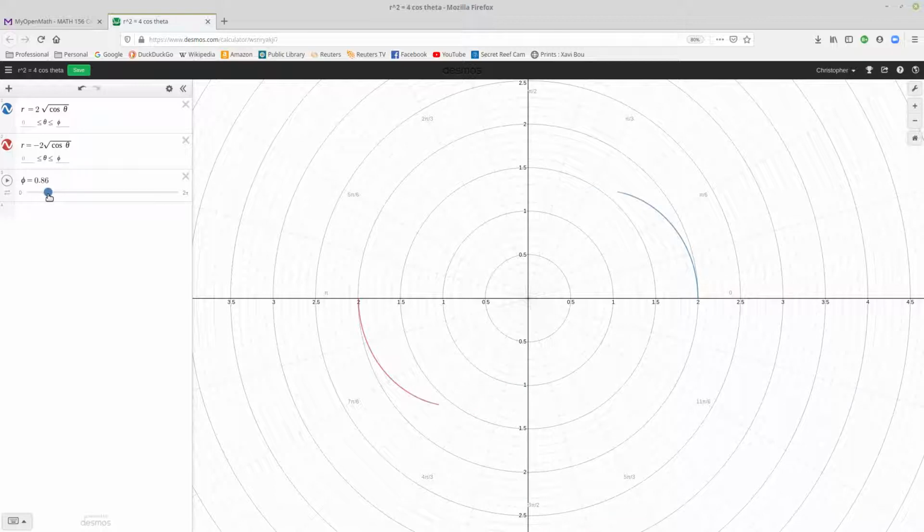For each value of theta, you're getting two values of r. And as theta changes from 0 to whatever point you want, you're going to have drawn two distinct curves, and one's in blue and one's in red. Okay, so let's hit play and see that in action.